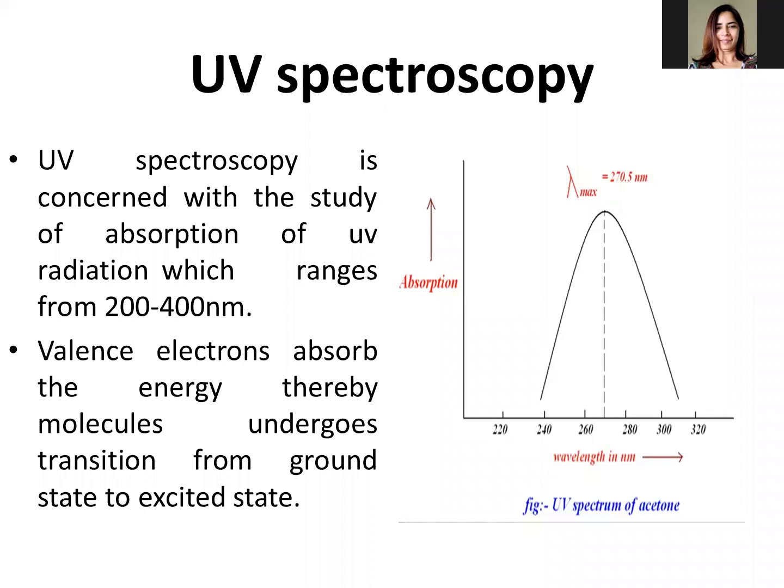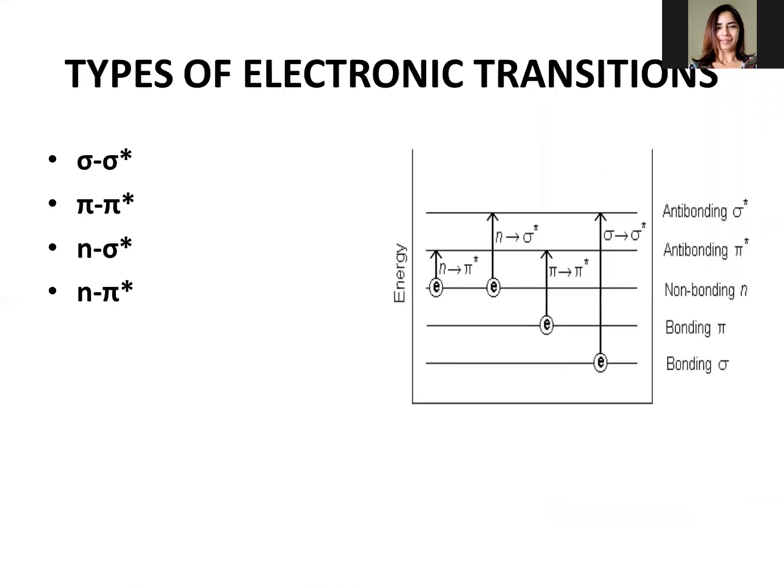Several types of electrons are present. They may be sigma electrons, pi electrons, or n electrons. And the transition of these electrons from ground state to higher state gives rise to the electronic transition.